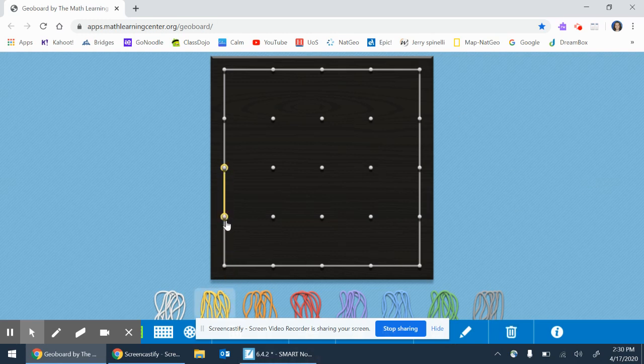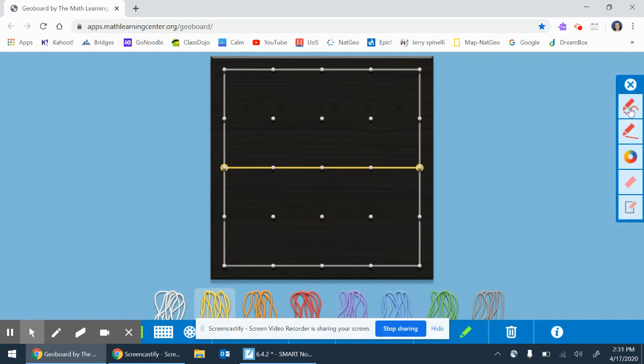So I want you to tell me if this is the whole thing. If I divide it this way, and this top one right here, I'm going to label this A. This piece is going to be A. How big is piece A?